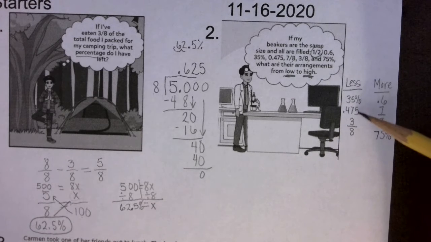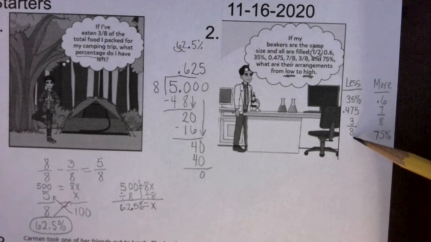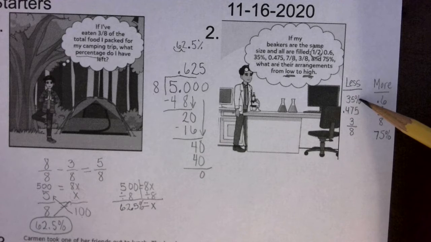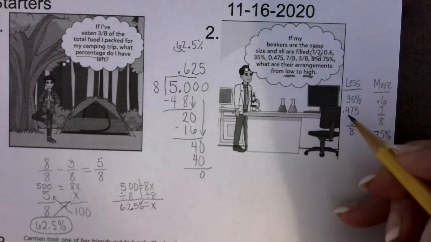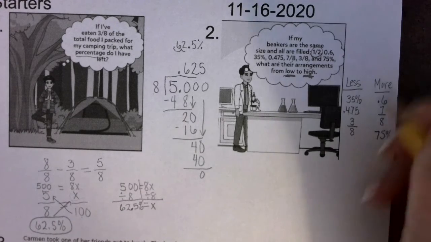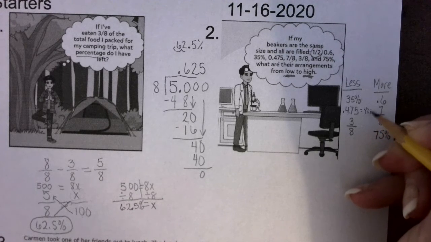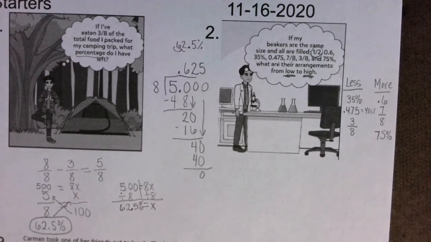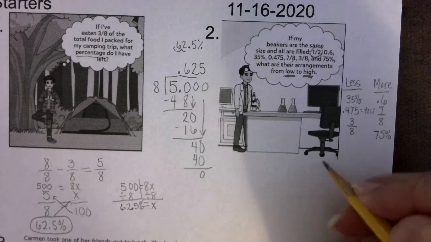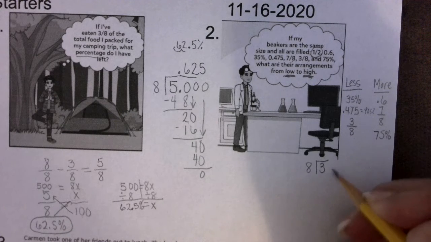And so then I would look at these and I would say, all right, I've got 35%. If I move this decimal over 2 places, that would give me 47.5%. And then 3/8, I would have to figure out the percent. So I would just do 3 divided by 8.